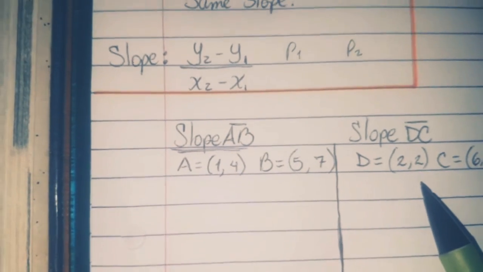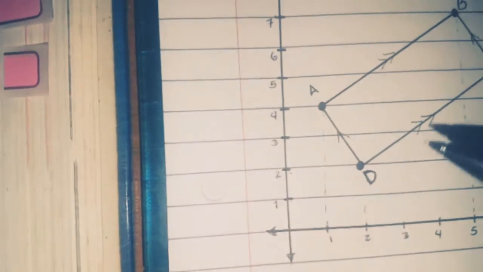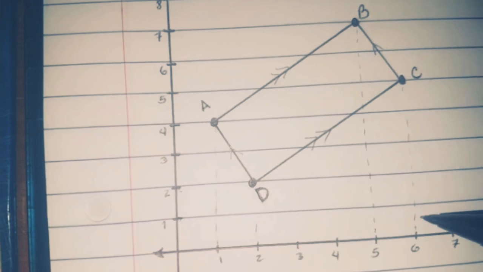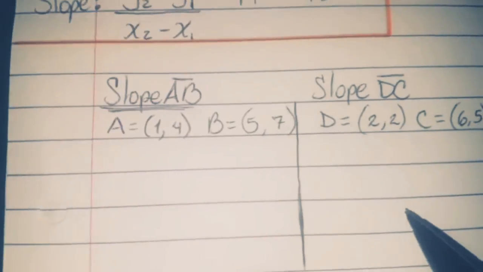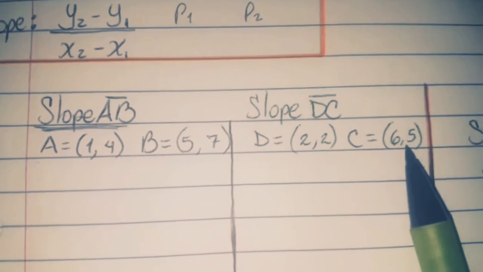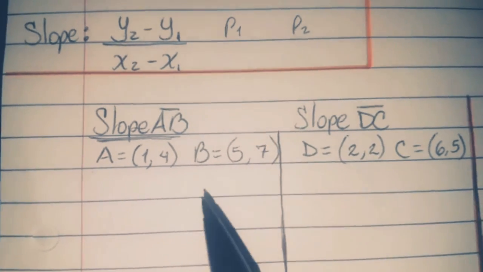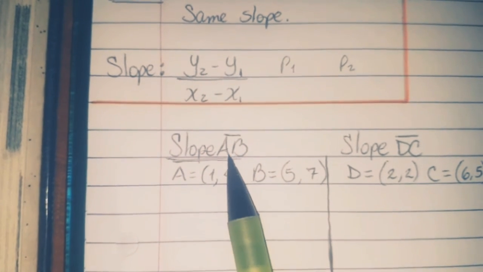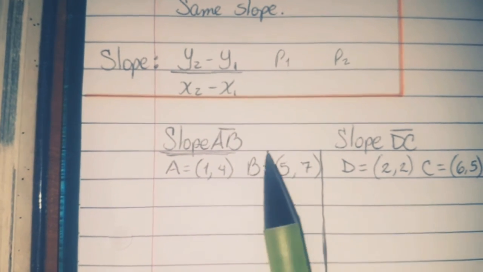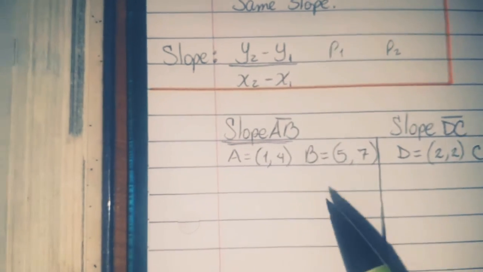Let's see DC. The coordinates of D are 2, 2, and the coordinates of C are 6, 5. I'm going to work with these two segments first, segment AB and segment DC, and calculate their slopes first.